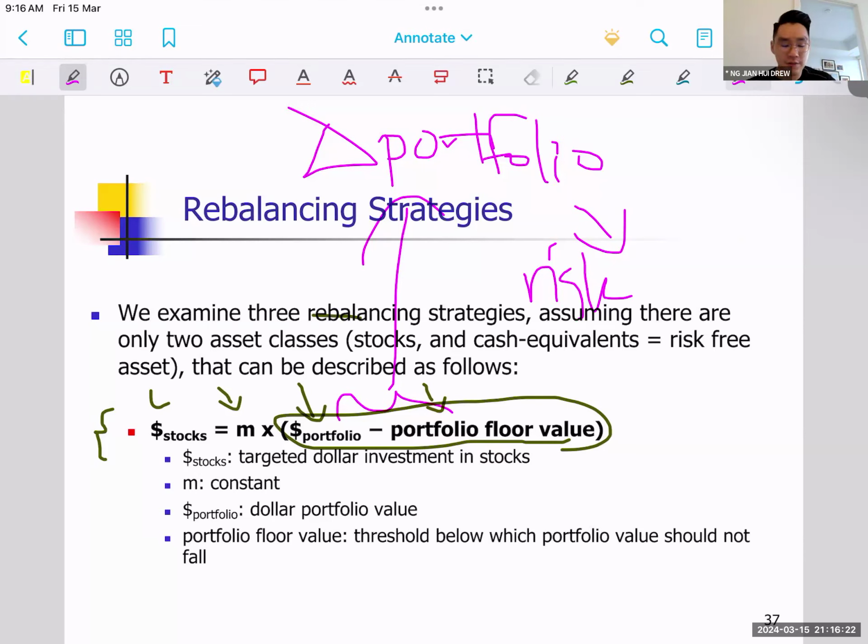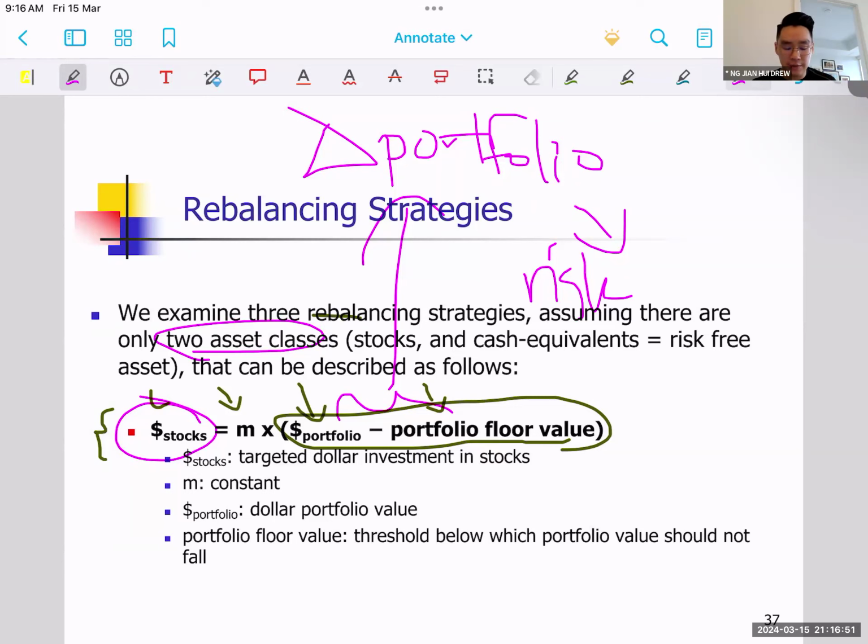And your risk, in this two asset class example, is only attributable to your stocks. So you're not considering bonds, real estate or all the other things. This is just a rebalancing strategy of the two asset class portfolio of stocks and cash equivalent or risk-free assets.